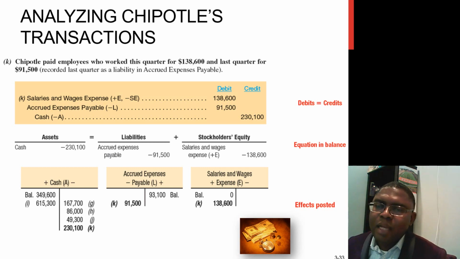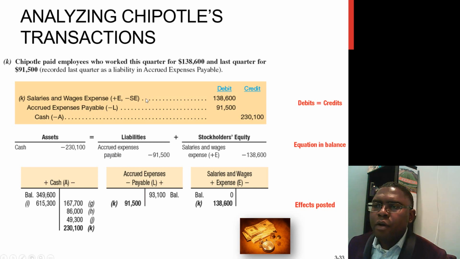So the three accounts that will be affected will be salary and wage expense. It will be accrued expense payable, the liability that the company had incurred. That liability is going down because the company is now making payment. And of course, the cash account, because all of this is done through cash.